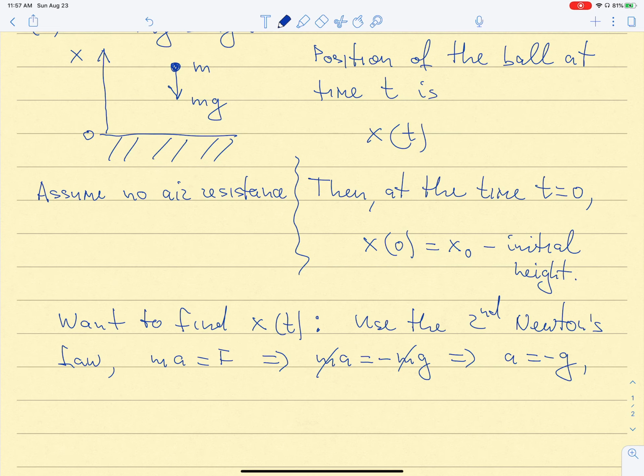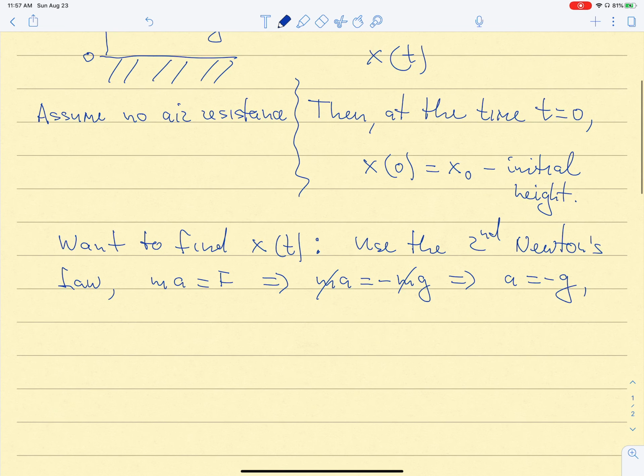And let's say I want to use an SI system. So then here g is a standard gravitational acceleration, and that is 9.81 meters per second squared. All right, so I know then the acceleration of this ball at any moment of time.